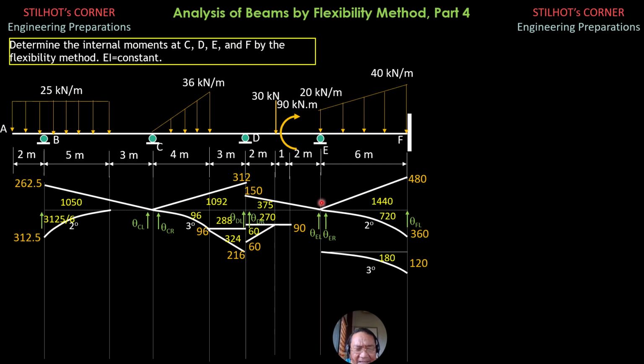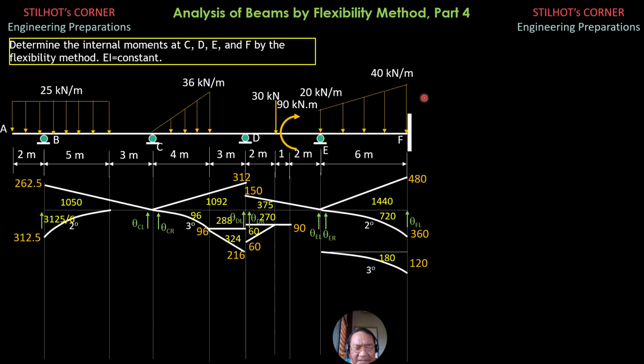Then finally, the moment due to the 20 kilonewton load, rectangular load, 20 times 6 times 2 is 20 times 6, 120 times 3, 360. Second degree, the area is 1/3 of 6 times 360, so that's 720.